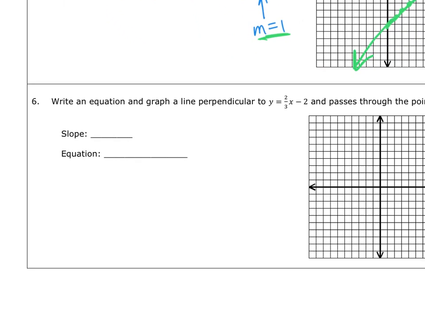Problem 6 wants an equation of a line perpendicular to this that goes through the point -2, 5. So perpendicular would be the flop slope. So m is going to equal -3/2. My equation in point slope is going to be y minus 5 equals my slope of -3/2 times x plus 2.